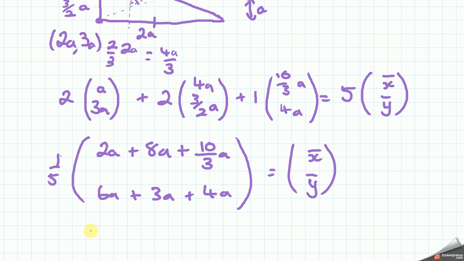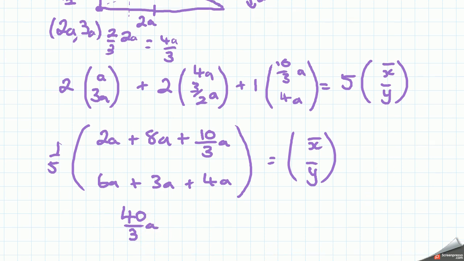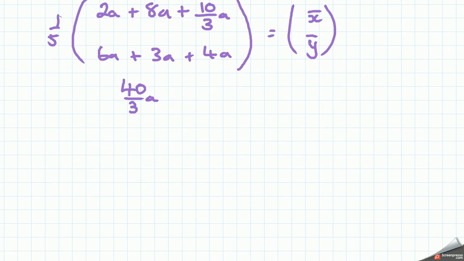Sum the top and put it into a single fraction, so in thirds, we're going to have 6, 30, 40A, and we want to divide that by 5, and on the bottom we have a total of 13 to be divided by 5.